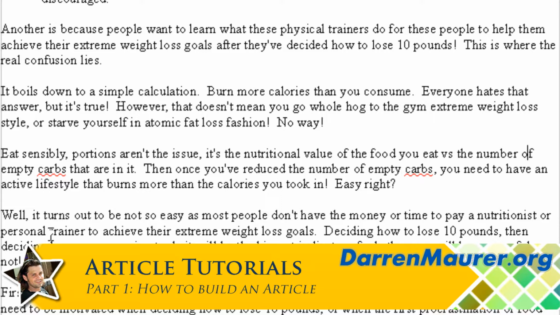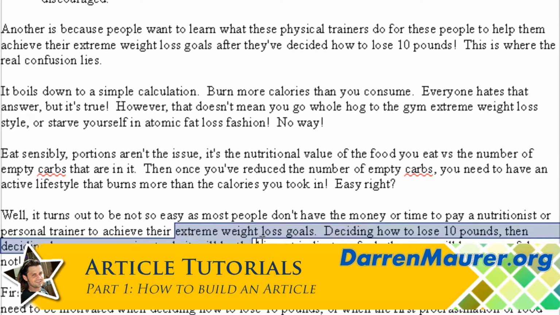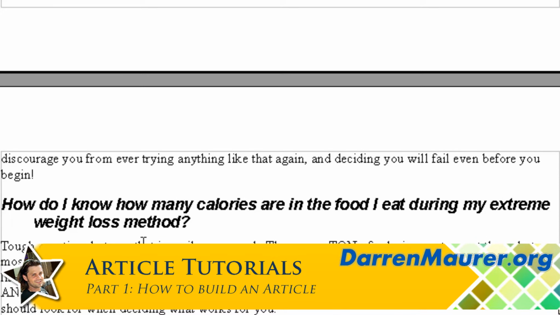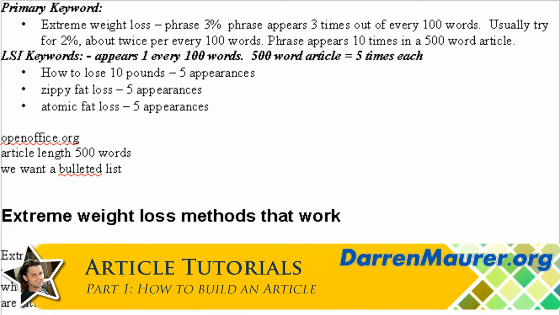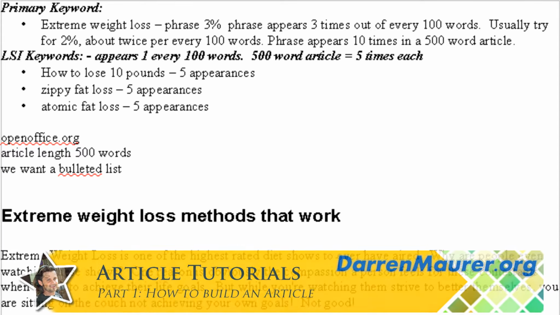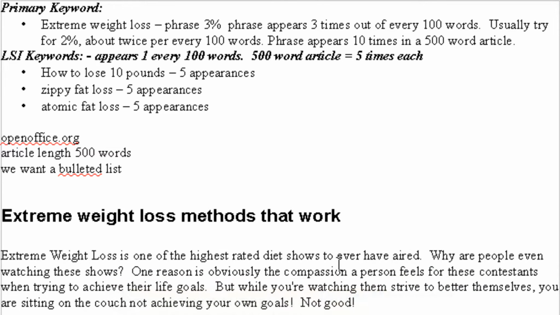Then we keep scrolling on down. 5. 6. So it's a little bit low, but for readability, we got it in there 6 times. And it's a 600 word article, so we're at 1%. I'd prefer to have this a little closer to 2, but this article's pretty good. So I'm pretty happy with that.